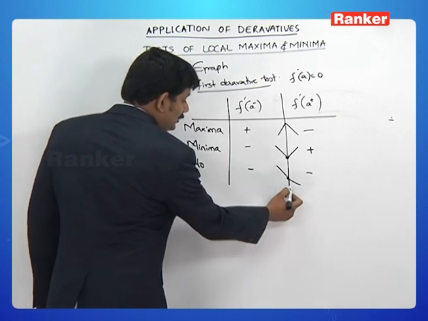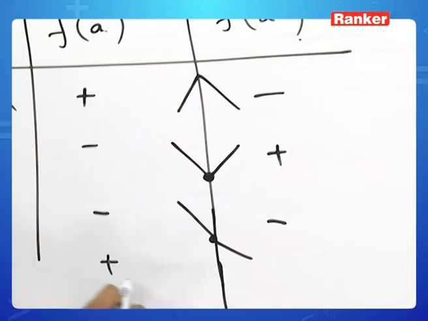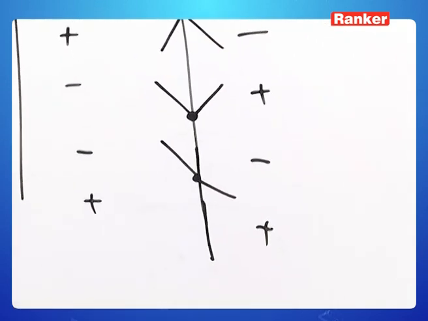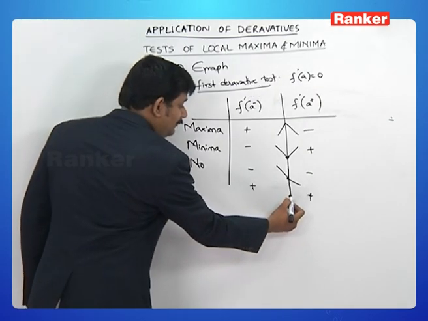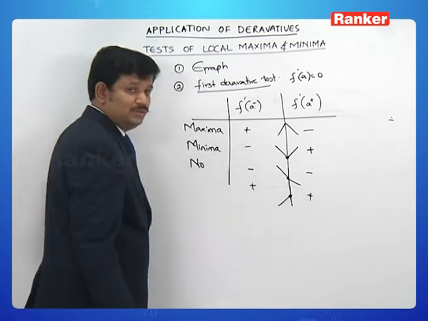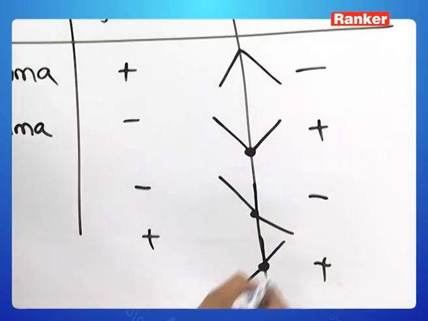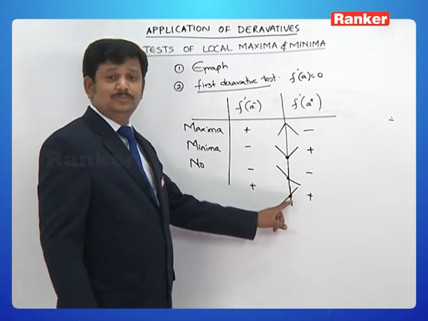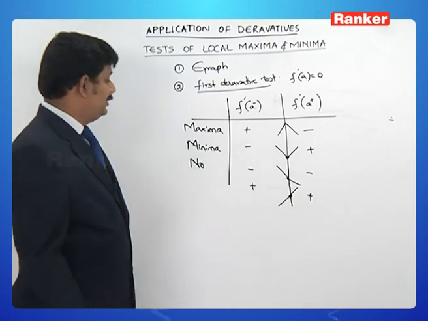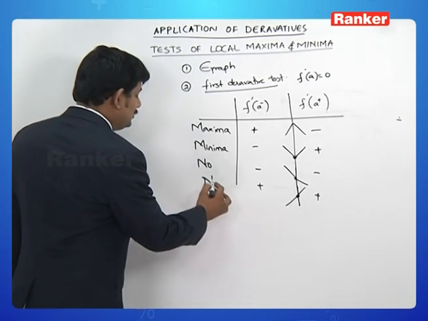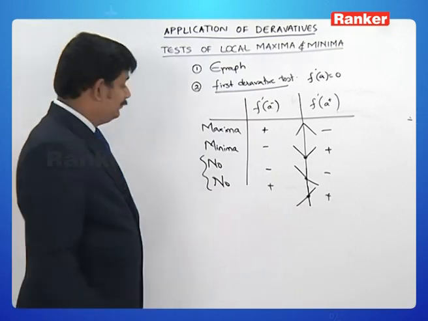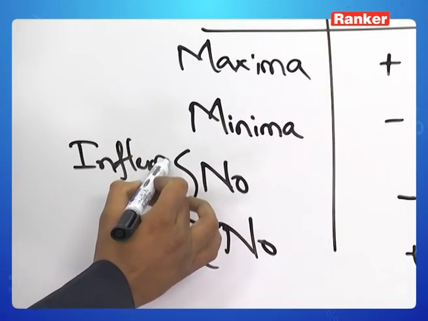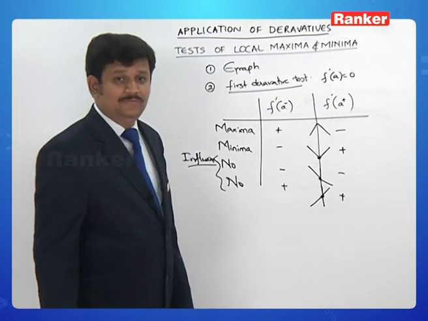And if we have a point where both the left side derivative and right side derivative are positive, at this point we can see to the left we have acute angled inclination and to the right also we have acute angled inclination. Again, this point does not qualify to be a local maxima or local minima. Such points are called points of inflection.